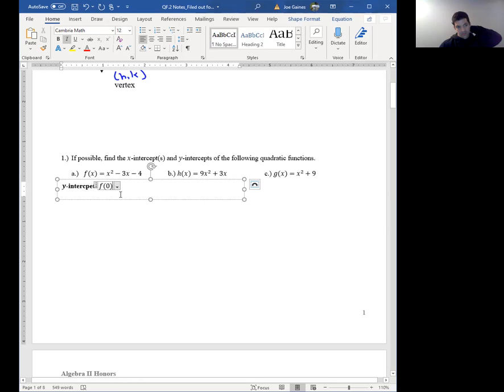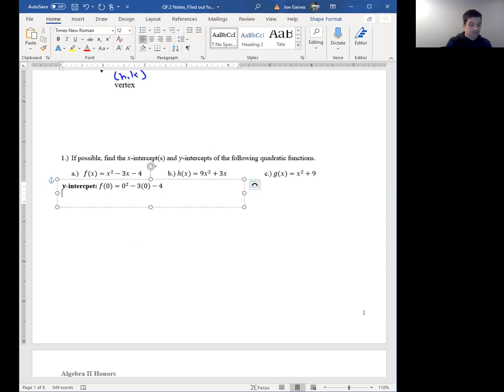If I substitute in a 0 for x, I would come up with 0 squared minus 3 times 0 minus 4, which we could pretty quickly figure out is the y-intercept, negative 4.